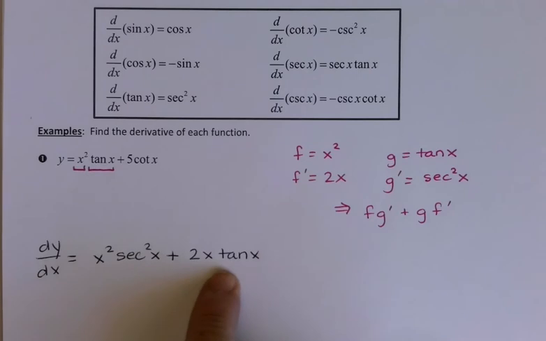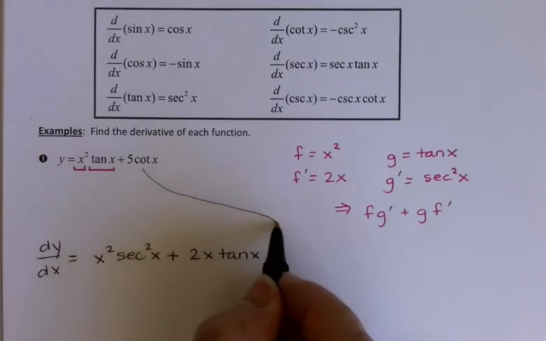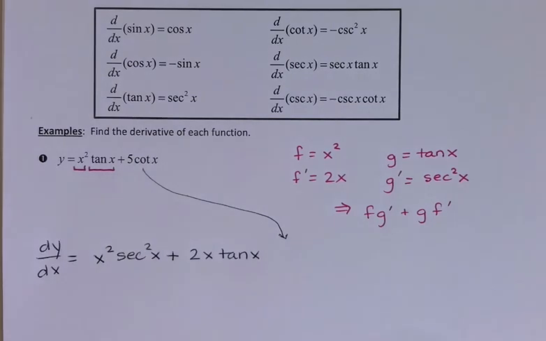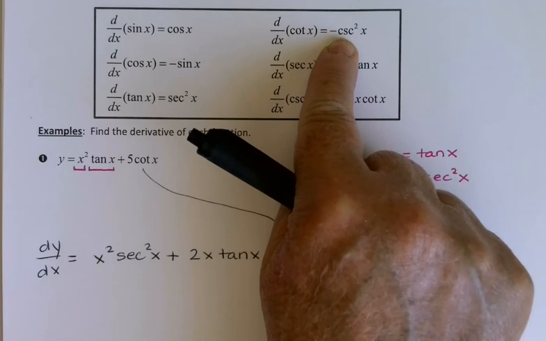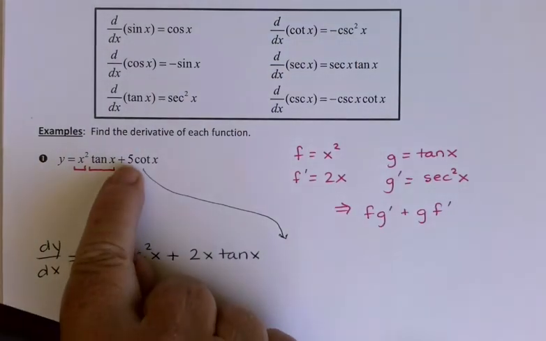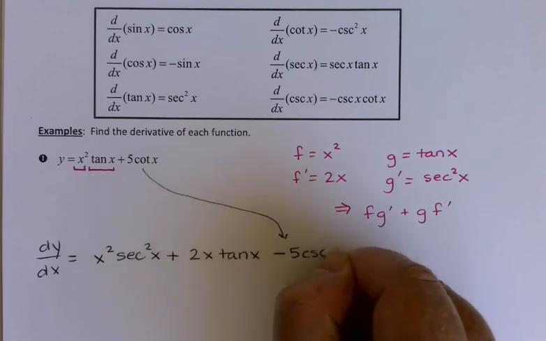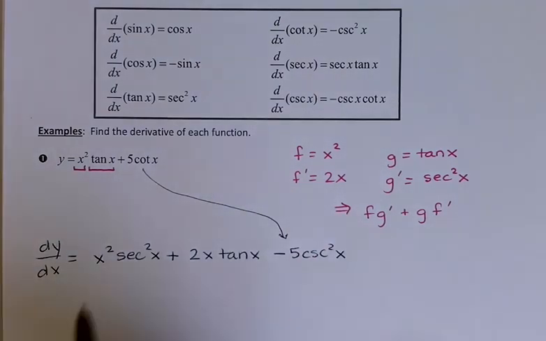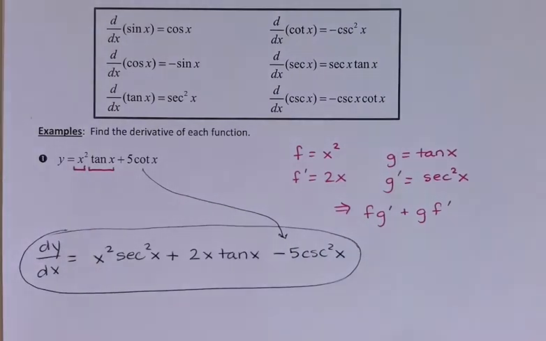That takes care of my product rule. And then I also have to take the derivative of 5 cotangent x. The derivative of cotangent x is negative cosecant squared x. So I'm going to get a negative 5 cosecant squared x. And by just kind of looking ahead a little bit on the signs, I was able to avoid having to rewrite that whole thing.